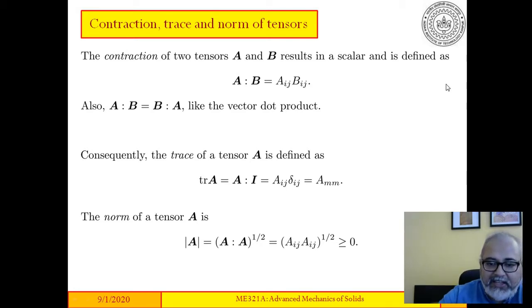So A contracted with A gives you Aij times Aij according to this definition, and that raised to the power half gives you what is defined as the norm of A. Just like for a vector, u dot u raised to the power half was giving you the magnitude of u, here A contracted with A raised to the power half gives you the norm.